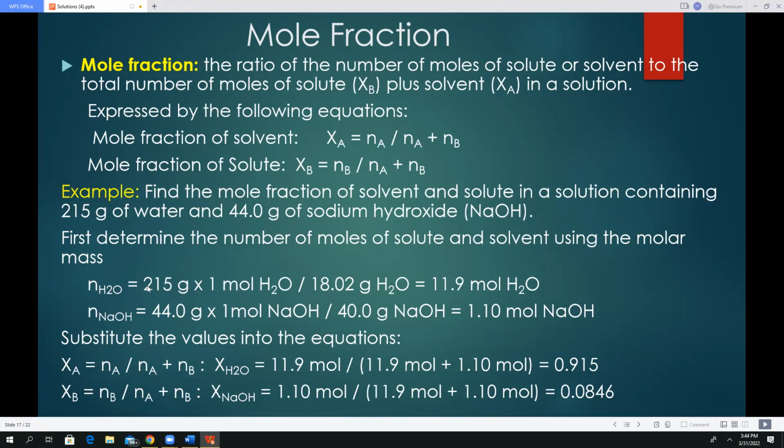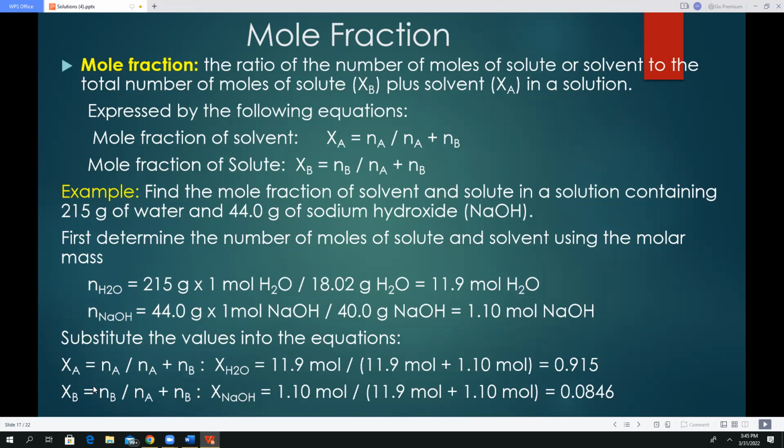This would be nA, equal to 215, which is what they have, divided by 18.02, the molar mass of water, which gives you 11.9 moles. Then you do the moles of the sodium hydroxide, whose molar mass is 40. And you're dividing 0.44 by 40, and you get 0.011. Now that you have nA and nB, right?